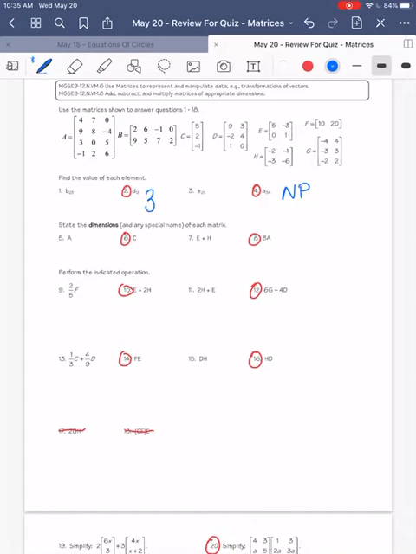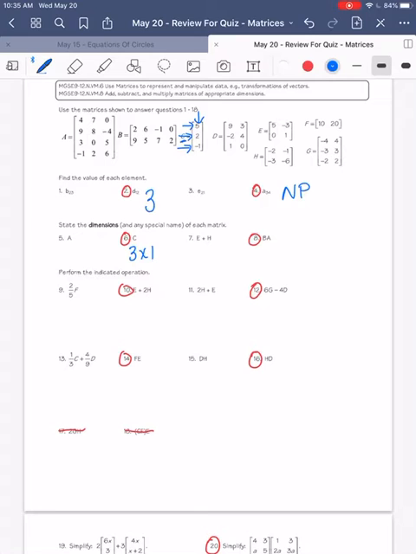It says dimensions. So if we look at C, it says dimensions and any special name, like row matrix, column matrix, square matrix, etc. So for number 6, C is 3 by 1.